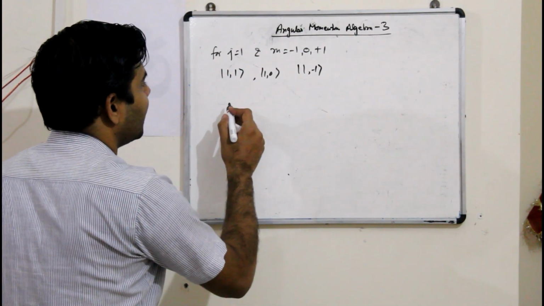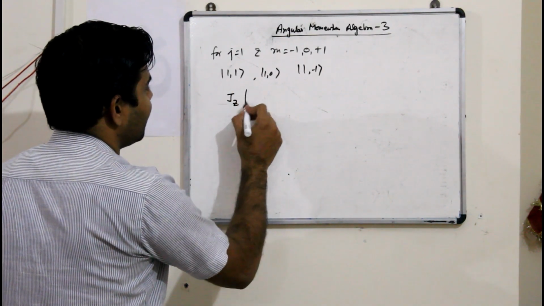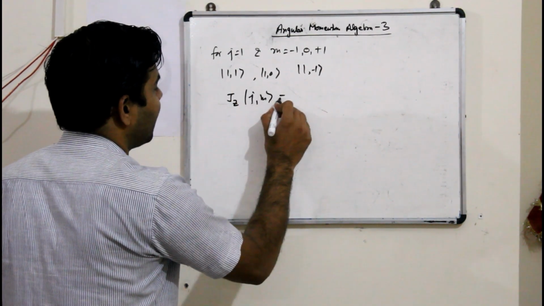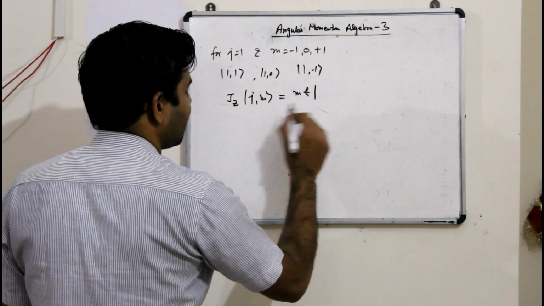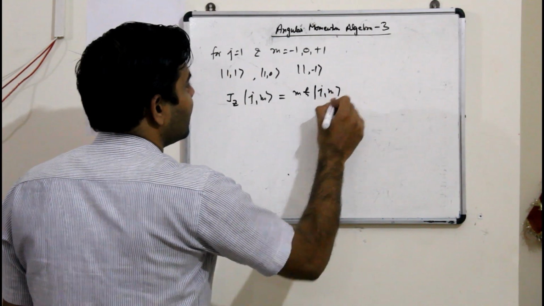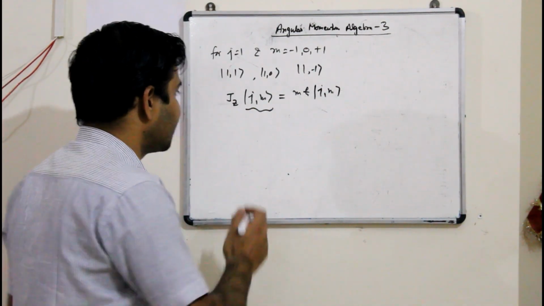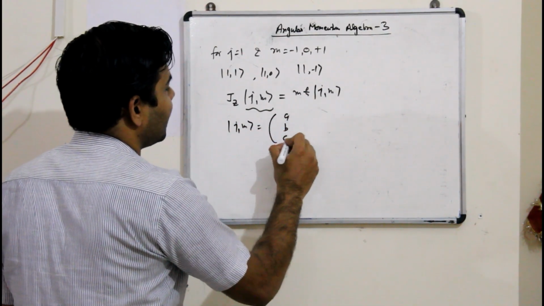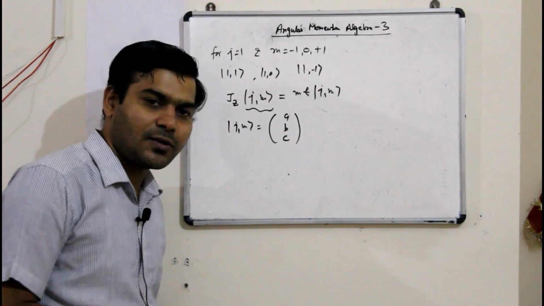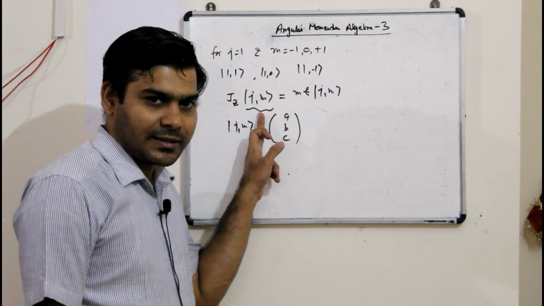Suppose the eigenvalue equation for Jz that we have been taking so far is Jz acting on j comma m gives m h cross times j comma m. Suppose this state is completely unknown to us, and let's suppose that it is some kind of column vector a, b, c, because we have seen Jz is a 3 cross 3 matrix, and this has to be a column vector.